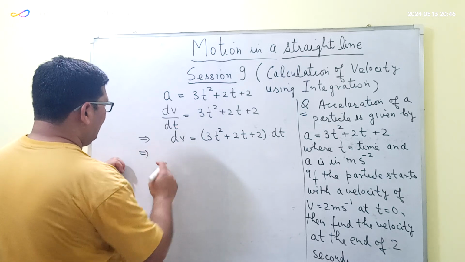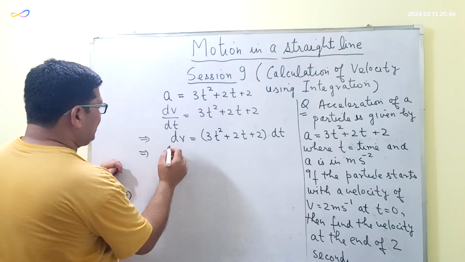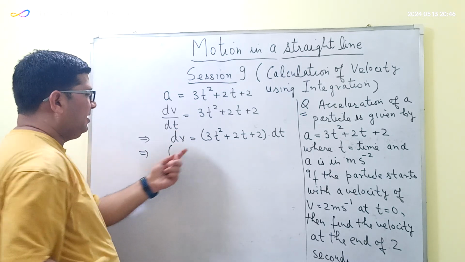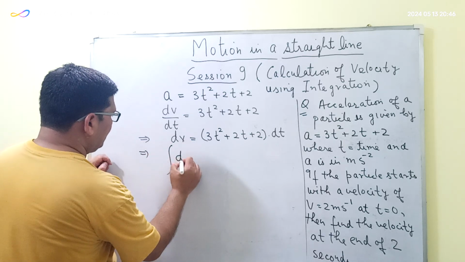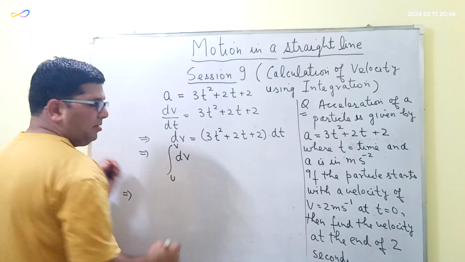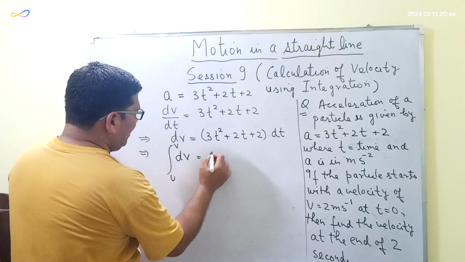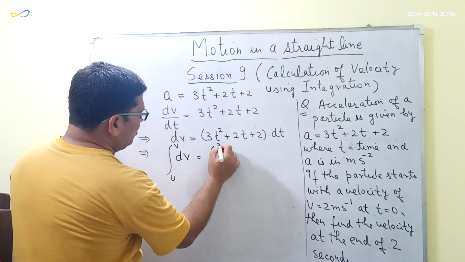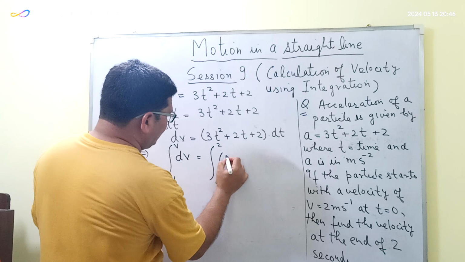And now what I will be doing is integrating this equation on both sides within the limits of u and v on the left hand side of the equation and 0 to 2 on the right hand side of the equation.